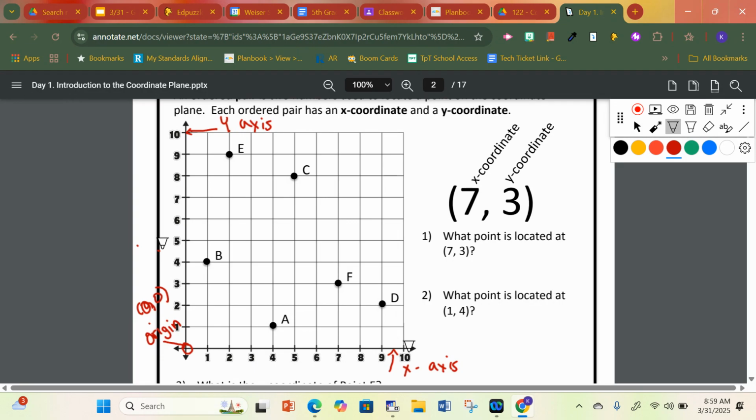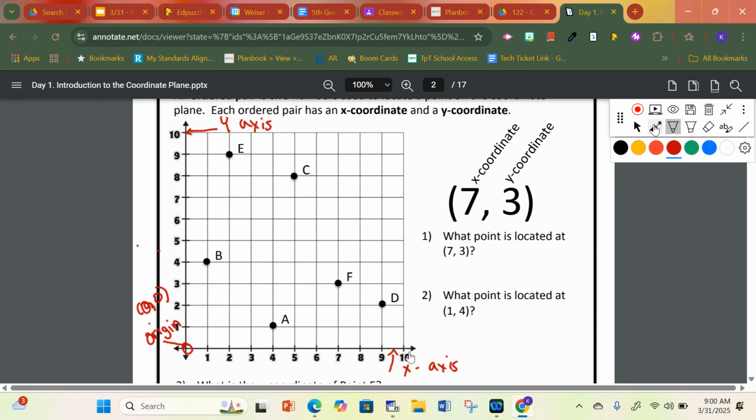Everybody say that, ready? Origin. So the intersection and the place that we measured is known as 0, 0. Those are its coordinates. Okay. So we have the y-axis, we have the x-axis, and where they intersect is known as the origin.